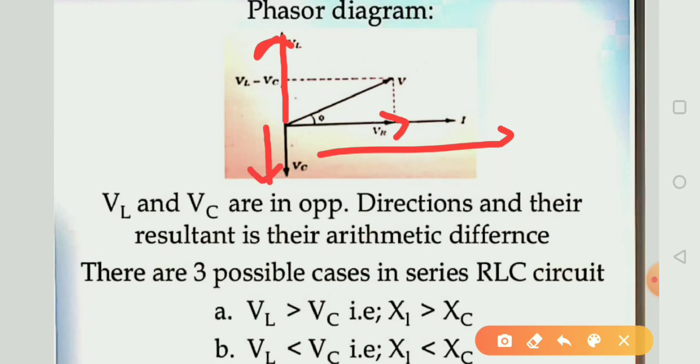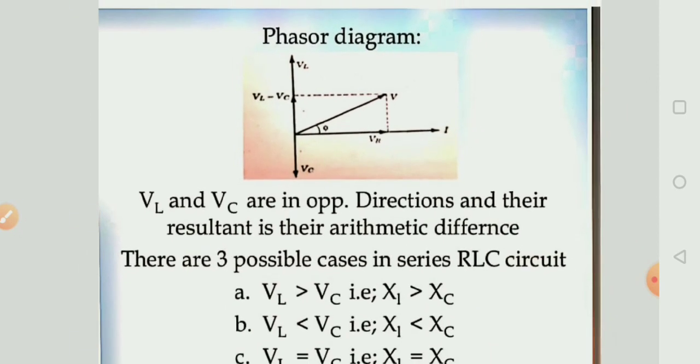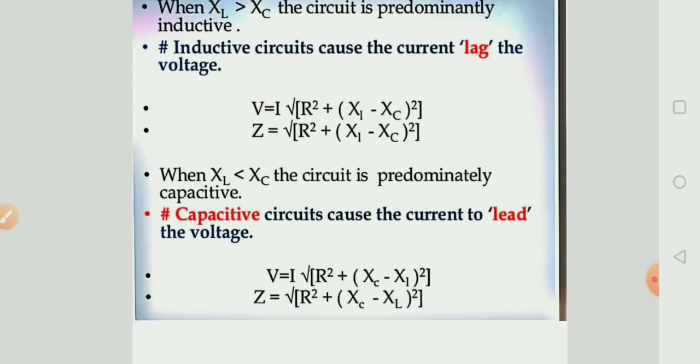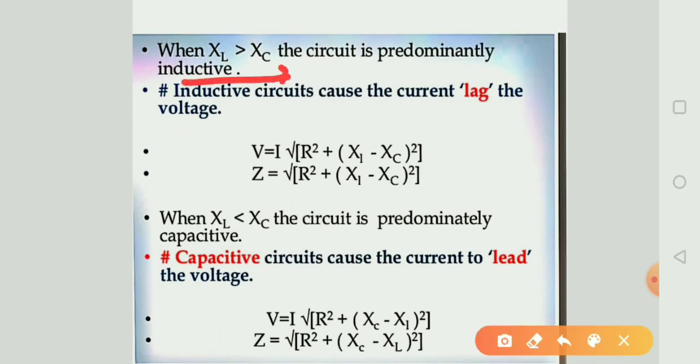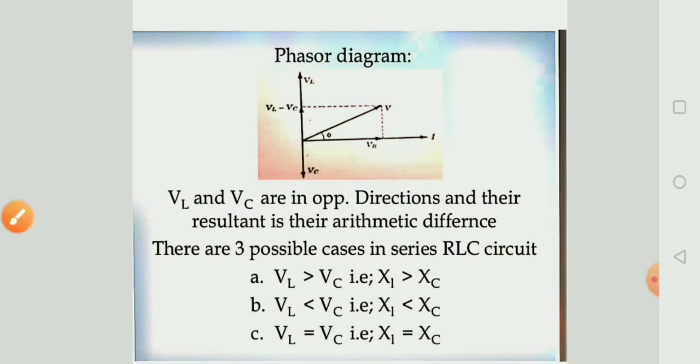But here two points are very important. What is the effect of the circuit? If VL is greater than VC, the circuit is inductive. If the circuit is inductive, then XL is greater than XC, and if XL is greater than XC, then VL is greater than VC.